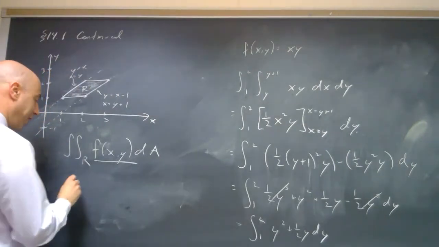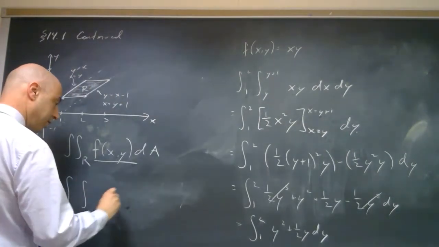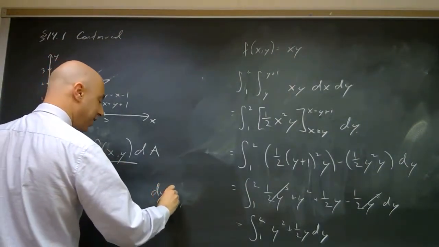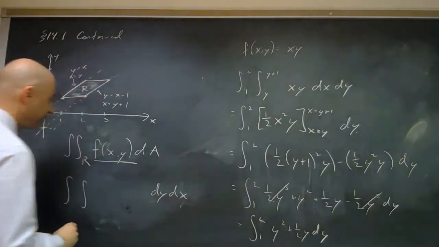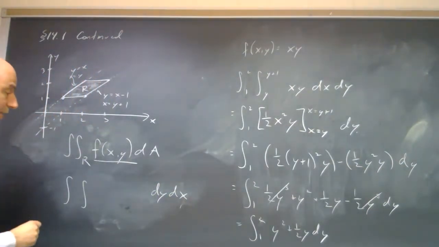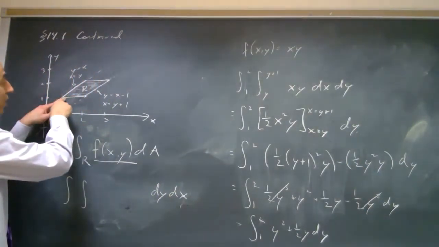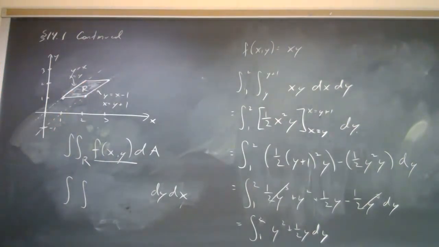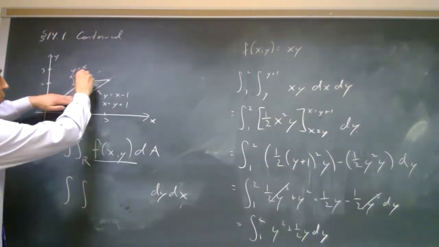where we're going to integrate from the bottom to the top. So Y on the inside and X on the outside. Now, what we're doing is we're integrating from the bottom curve to the top curve. The problem is the bottom curve changes at 2.